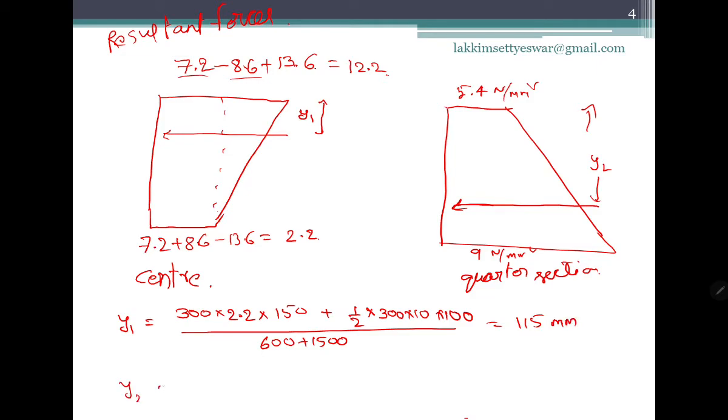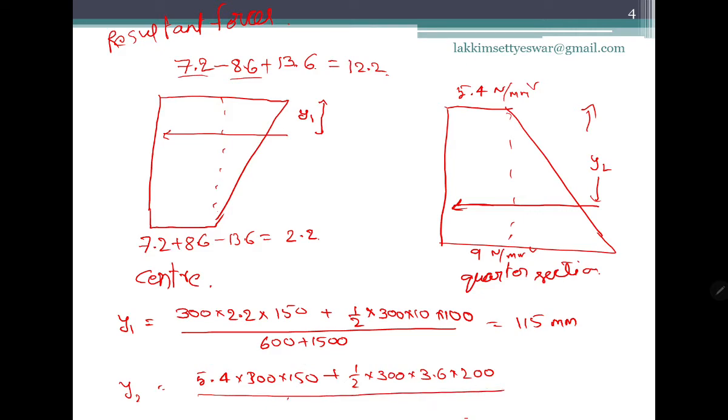Now y2: 5.4 into 300 into 150 plus another triangle, half into base into height into centroidal distance, divided by total area, that is equal to 162 mm. So y1 is 115 mm and y2 is 162 mm.